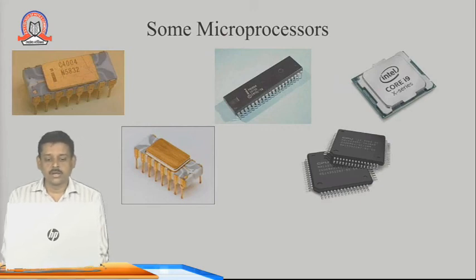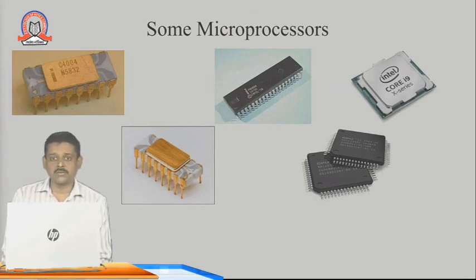As we go to the right side, we can see the evolution of microprocessors. The later microprocessors, such as the Intel Core i series, are faster than the previous ones, and they can process multiple commands at the same time.